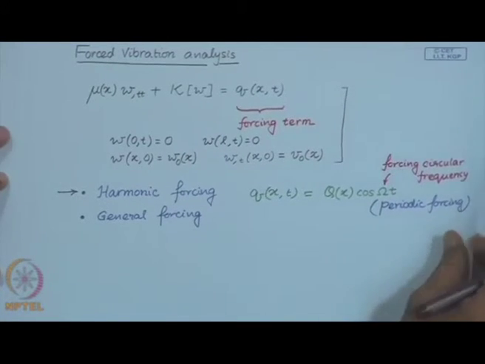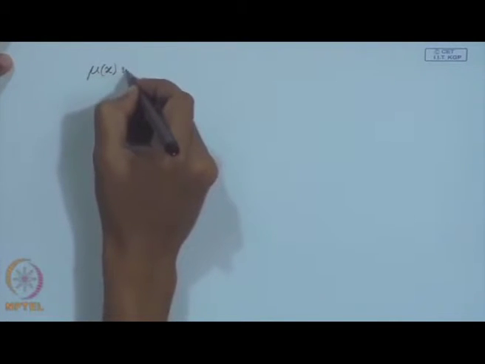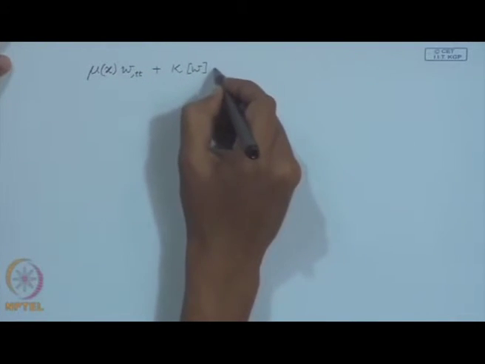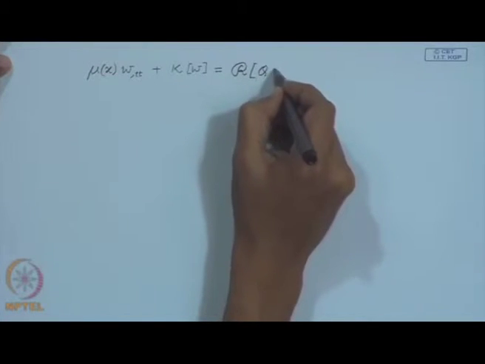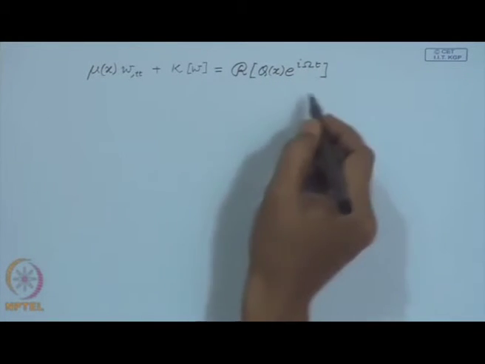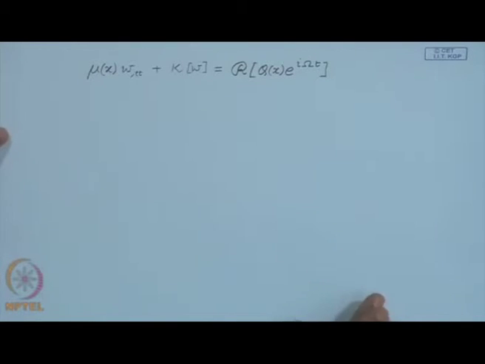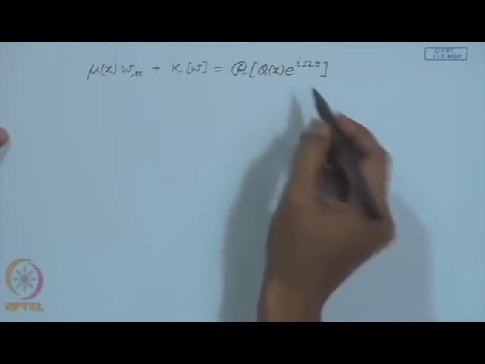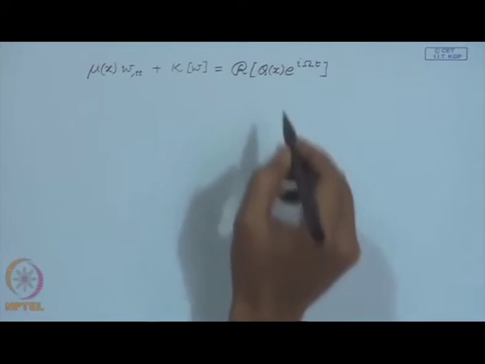So, let me write the differential equation of motion as... so the forcing that I discussed just now can be represented as a real part of this complex forcing term, where, as I mentioned, this is the force distribution function, this is the circular frequency of forcing, and this R represents the real part of this argument.